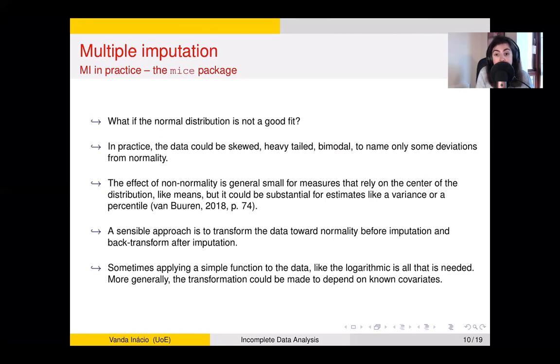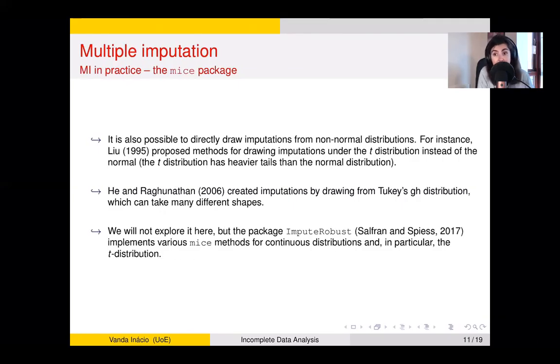And more generally, we could also try the so-called Box-Cox transformation, for which the log is a particular case, and see whether this brings the data closer to the normality assumption. Sometimes a simple transformation is all that is needed, but it's not always possible to find a transformation that makes the data not exactly normally distributed, but close to being normally distributed.